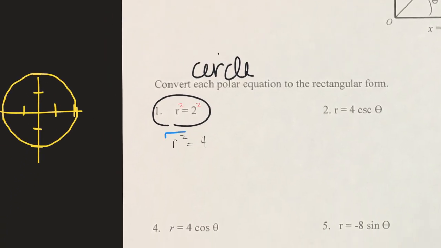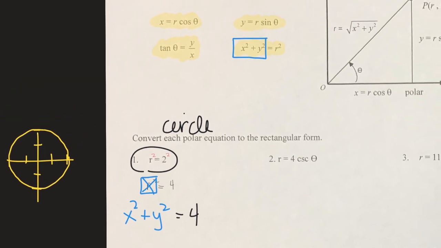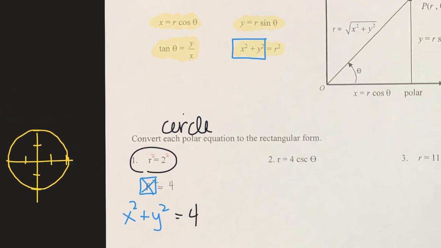So instead of r squared, I'm going to have x squared plus y squared. That's how these questions work. You have to create a situation that can be replaced by one of those four equations up above. These are the only four that you get. So we want to make one of those four equations each and every single time.